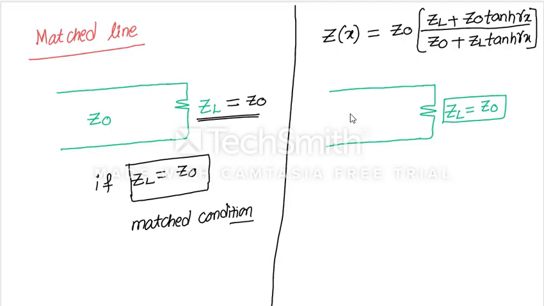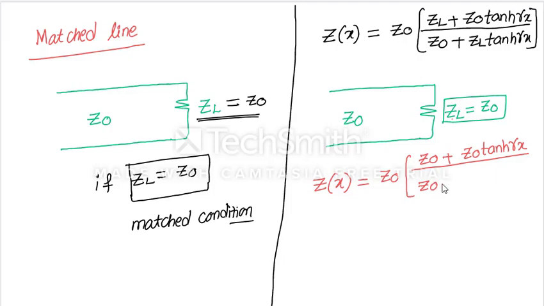Now if the load is equal to the characteristic impedance, ZL is the same as Z naught, so this is Z naught into (Z naught plus Z naught into tanh gamma x) by (Z naught plus Z naught into tanh gamma x), isn't it?